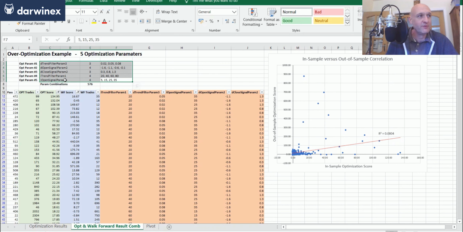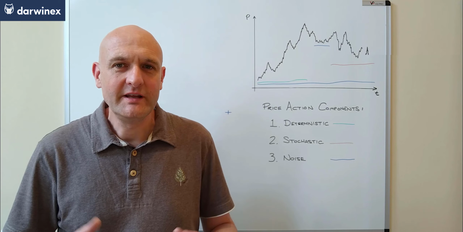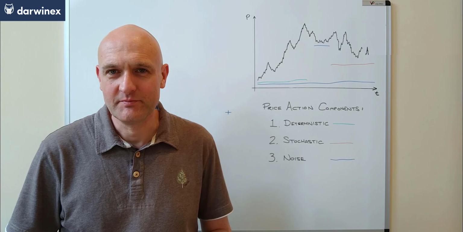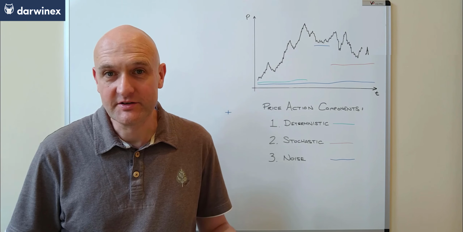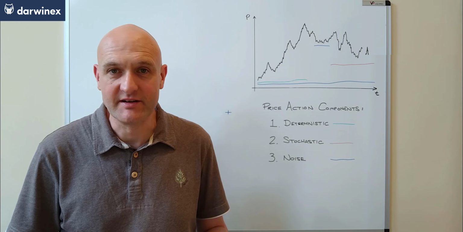But as I said before, that is not the case. All you're going to do is over-optimize and produce results that are not robust and will not make money in your live account. So clearly here we've only used one system, but I've done this before with many other systems and the results have always been very similar.